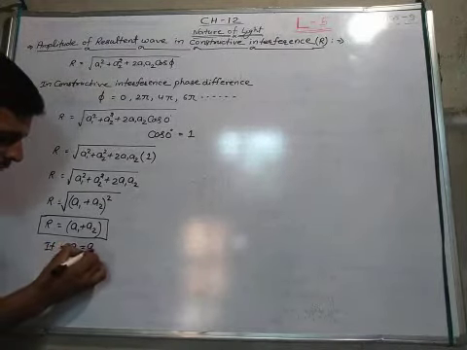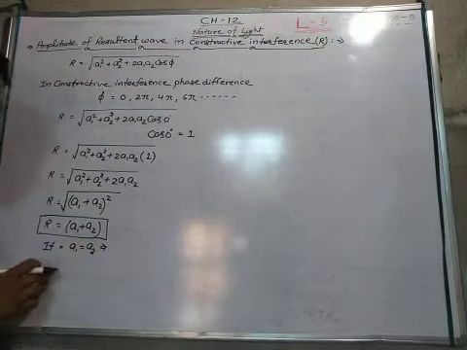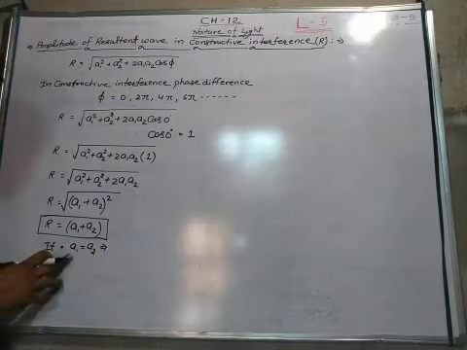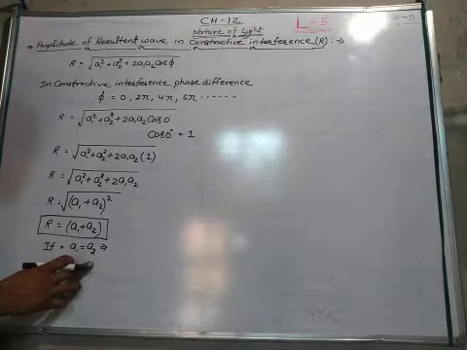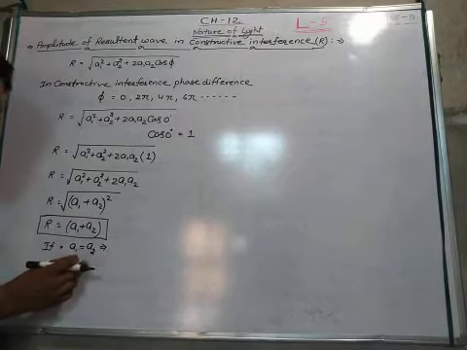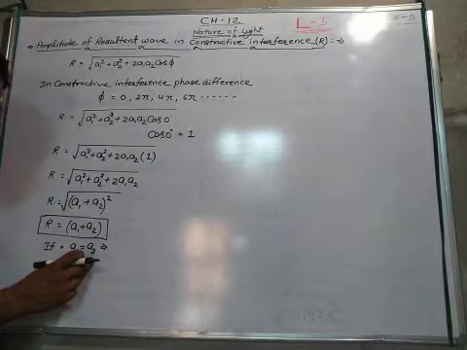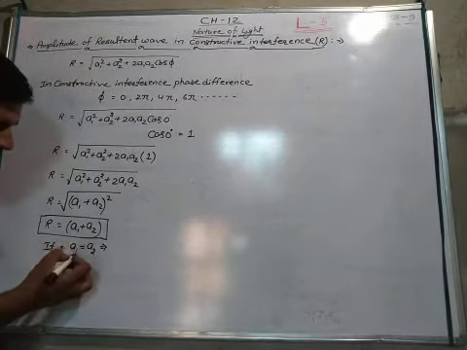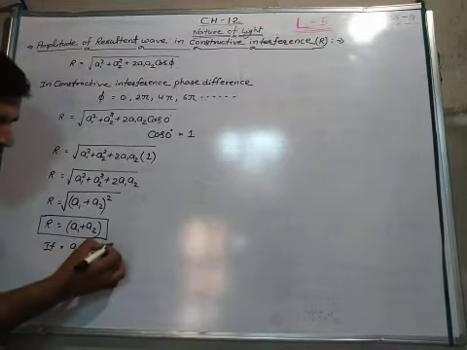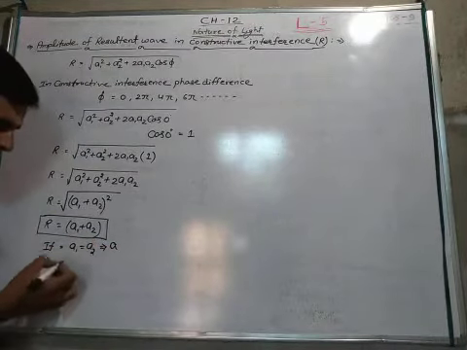If a1 equals a2, that is, the amplitude of the first wave equals the amplitude of the second wave, the amplitudes of both waves are equal. Then we denote a1 and a2 by a.